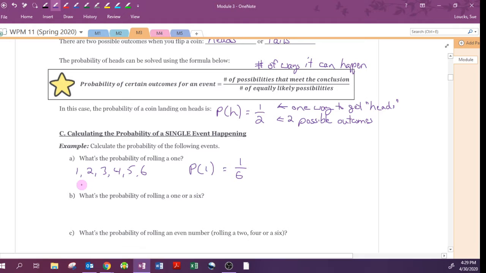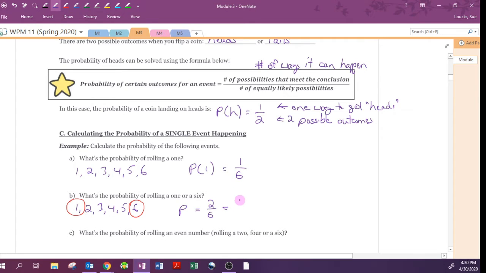What's the probability of rolling a 1 or a 6? So there's a 1, 2, 3, 4, 5, 6. And there are two things we can get that will satisfy our condition, a 1 or a 6. So our probability equals 2 out of 6, because there are 6 possible outcomes and 2 of them satisfy our condition.